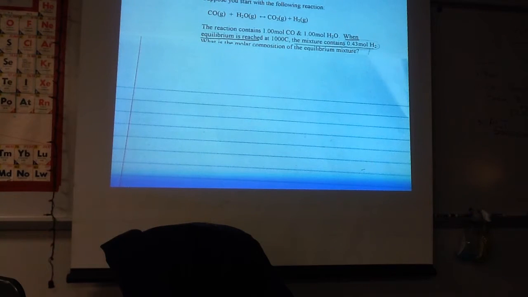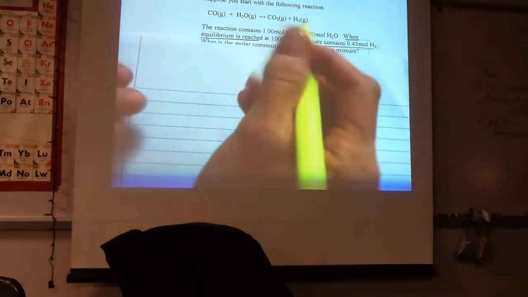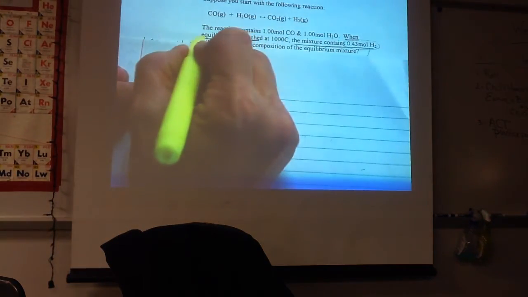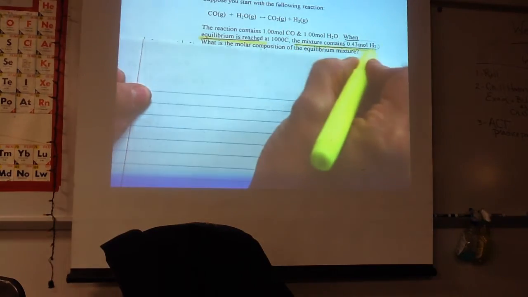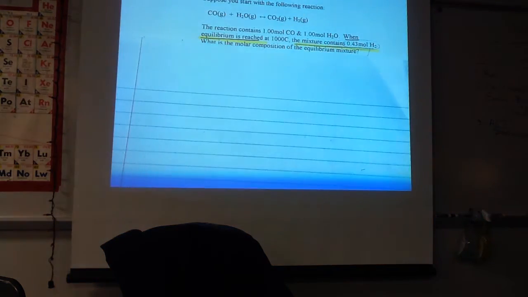The reaction contains a mole of each reactant when equilibrium is reached. That's the key, because it's not always going to tell you that. But this one says when equilibrium is reached, the mixture contains 0.430 moles of H2. Question then says, what is the molar composition of the mixture at equilibrium?